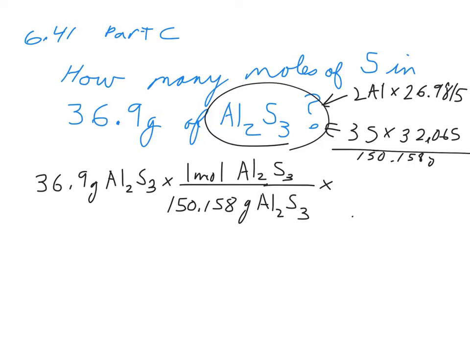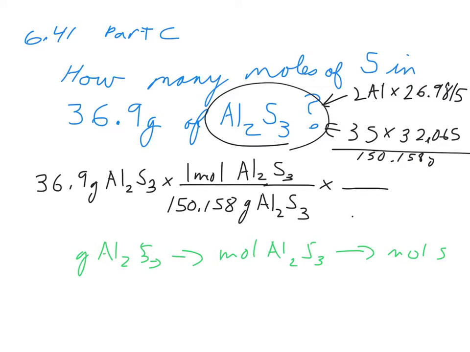So now I've gone from grams of aluminum sulfide to moles of aluminum sulfide. Now I want to go to moles of sulfur. I need a chemical relationship. Most of the time that's given to us by a chemical reaction.